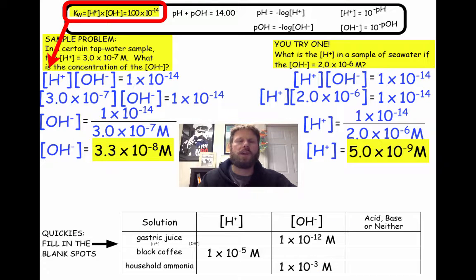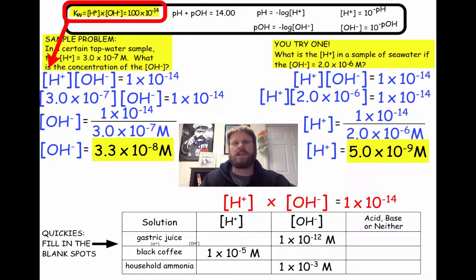Let's look at a few quickies involving this equilibrium expression. We know that H plus times OH minus has to give us 1 times 10 to the negative 14th. So if one of the ion concentrations is given as 1 times 10 to the negative something, we can figure out the other concentration very easily because we know the product of the exponents has to give us 14.